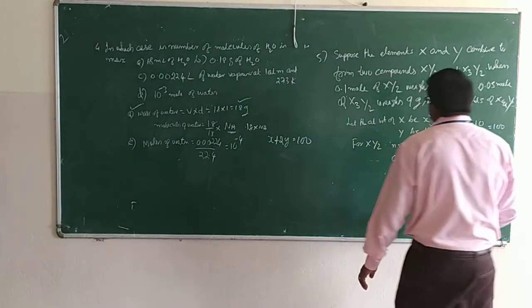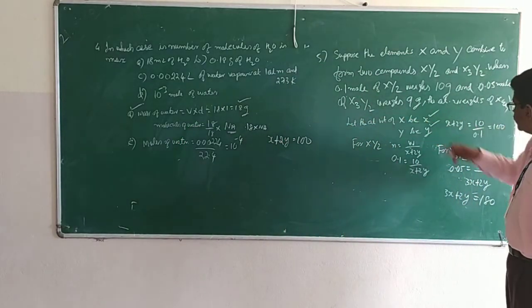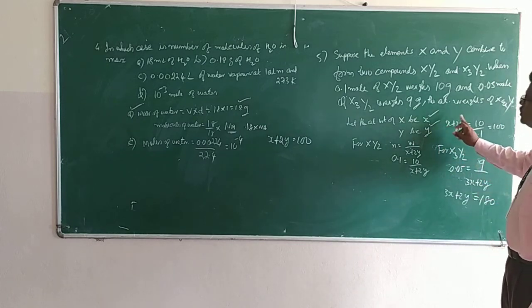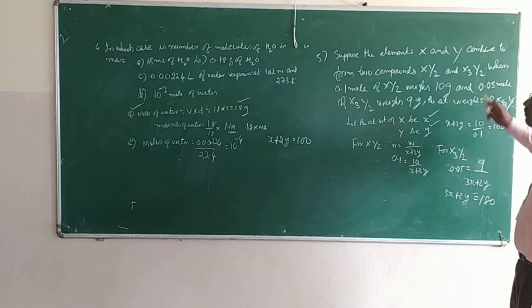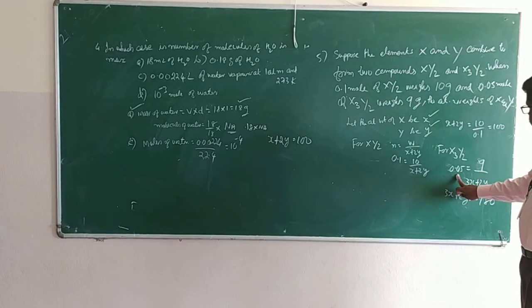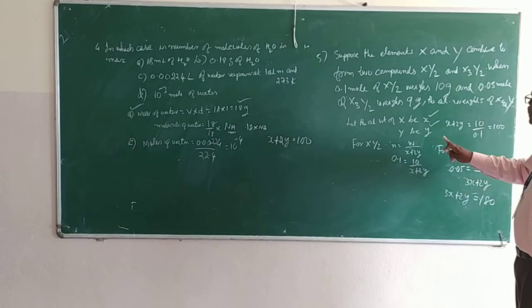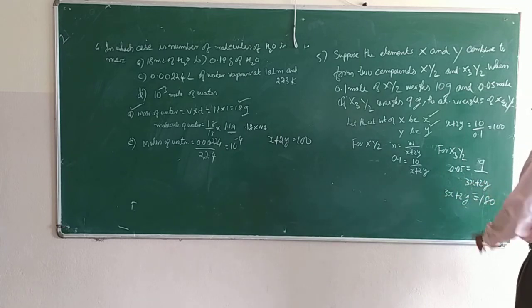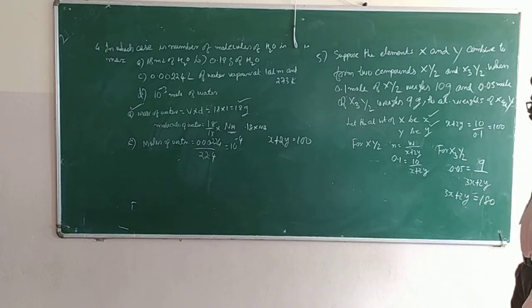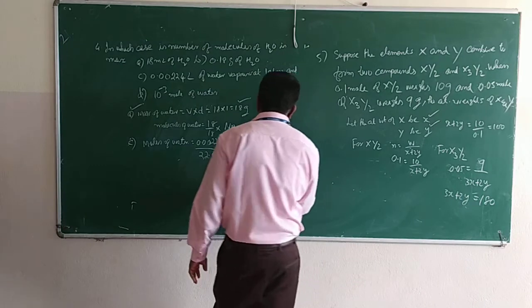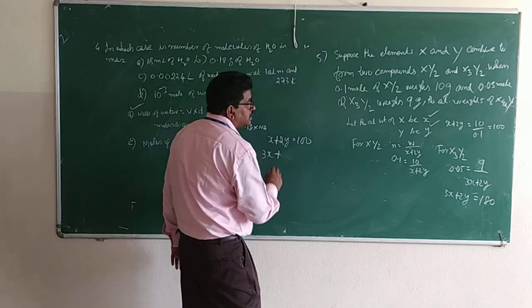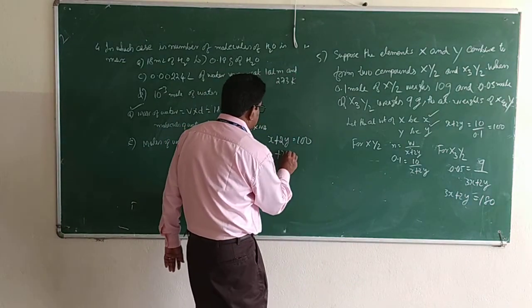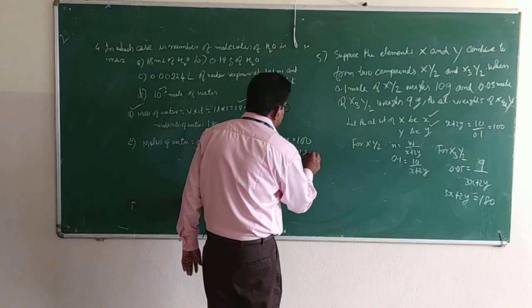For the next, X3Y2 is 9 gram and the number of moles is 0.05. So 0.05 is equal to mass by molecular mass of X3Y2. It means 3 into x plus 2 into y. So 3x plus 2y is equal to 180.